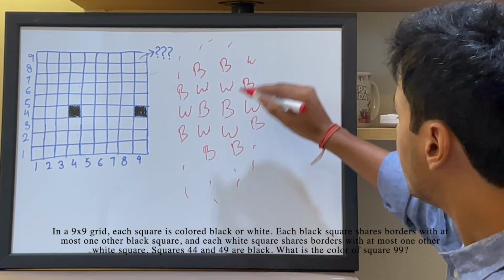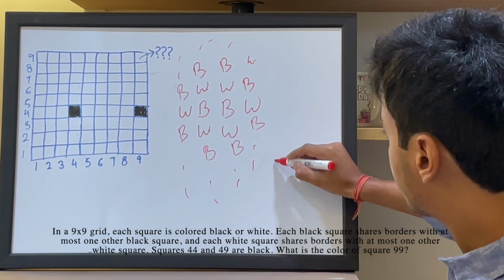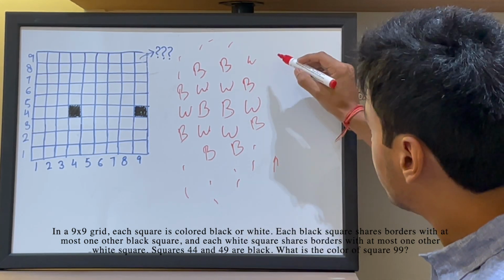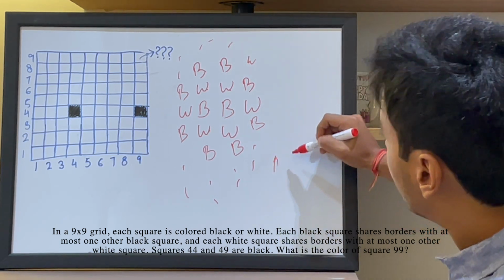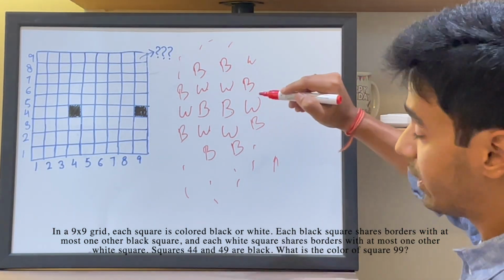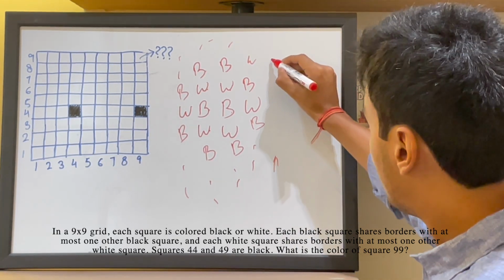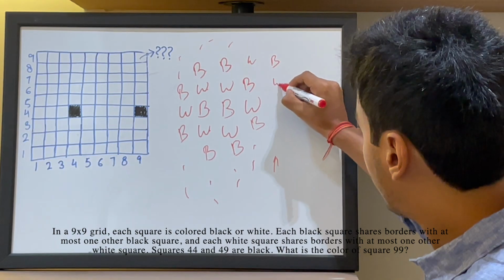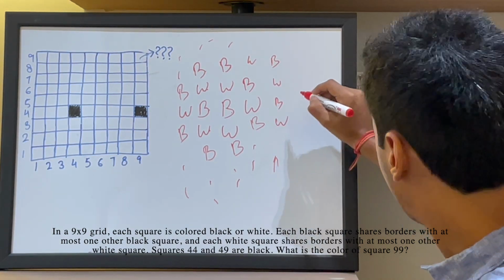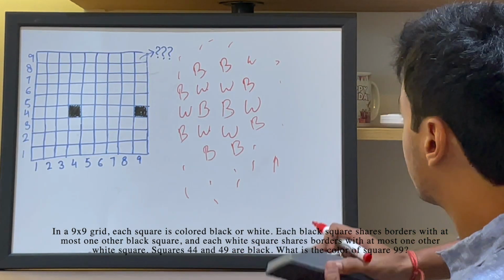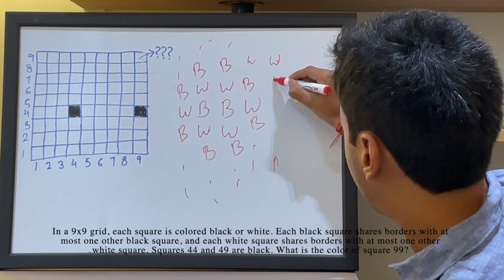But can we say anything for this column? Well, the thing to realize is that this column will also have to be strictly alternating. So it could be filled, for example, like black, white, or it could also be filled as white, black.